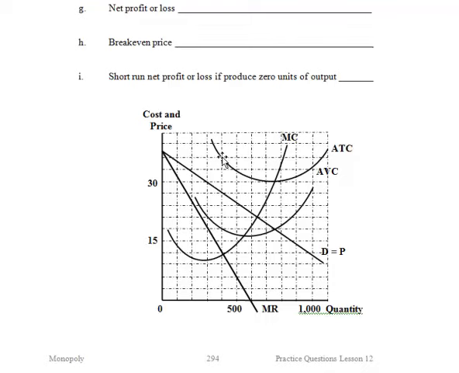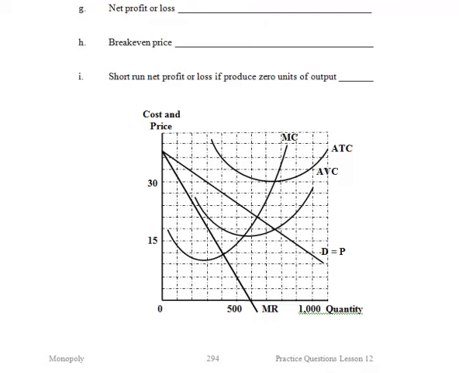Well, remember, if you've calculated total revenue and you subtract total cost, you have the total loss, or the economic loss, and you can take that total loss and divide it by 400 units, and that would tell you the loss per unit. Or you can take price, in this case, which is $27, minus average total cost, which is $36, and that would tell you the loss per unit is $9.